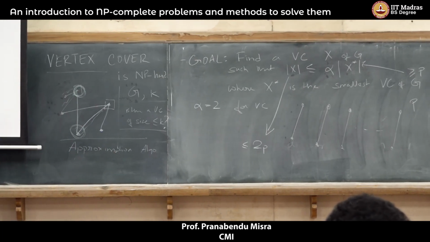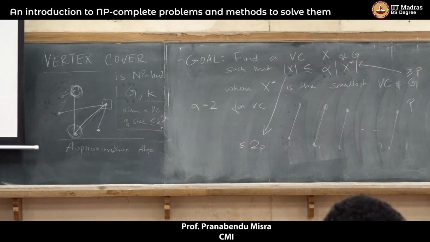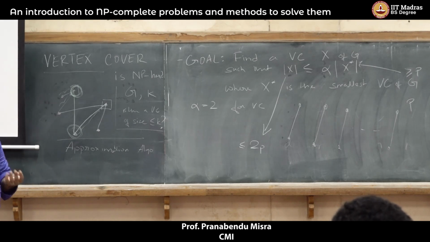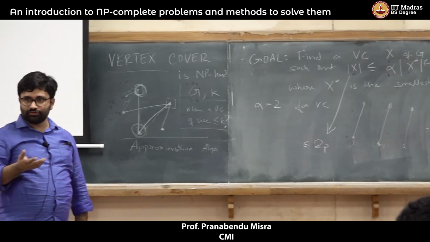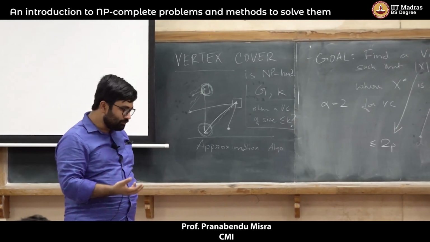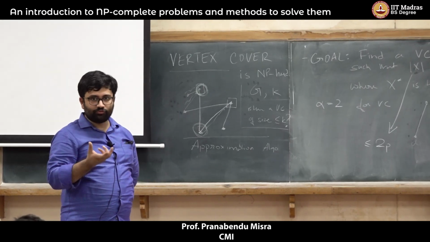So this approximation algorithm is one way to solve these very difficult problems. Now they do not directly apply to many problems like CNF SAT. It is unclear what the notion of approximation should be, because CNF SAT says give me a setting of the variables to true or false such that the formula evaluates to true.